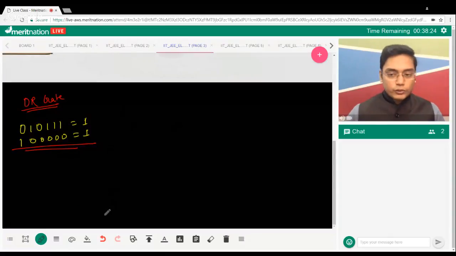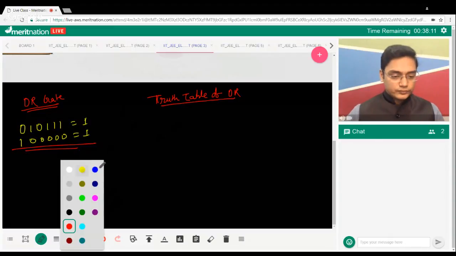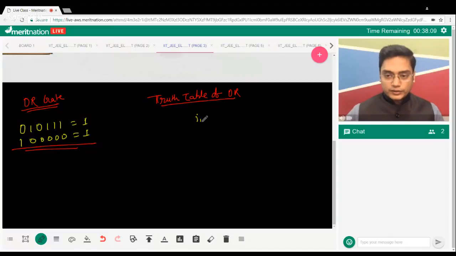So if we want to draw the truth table for OR gate, in that case, we can show 2 inputs, I1, I2, let's suppose 2 inputs, and this is the output.